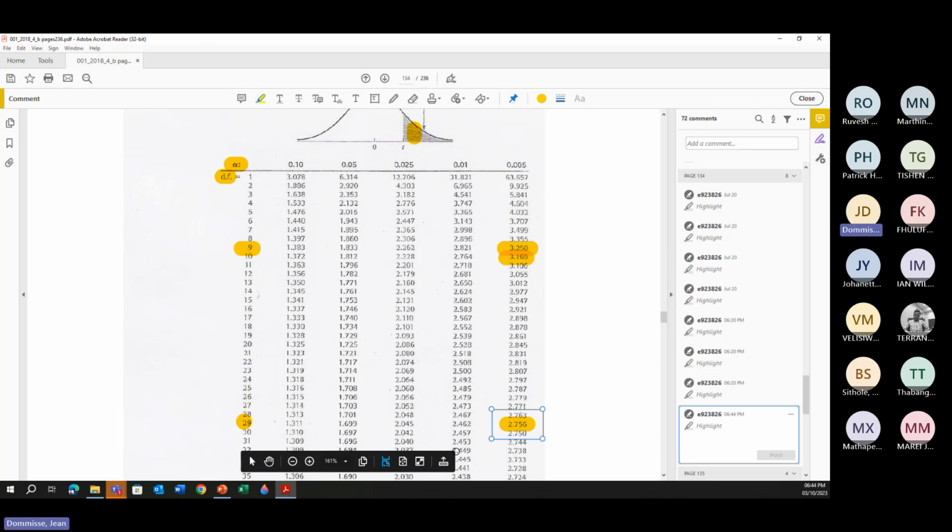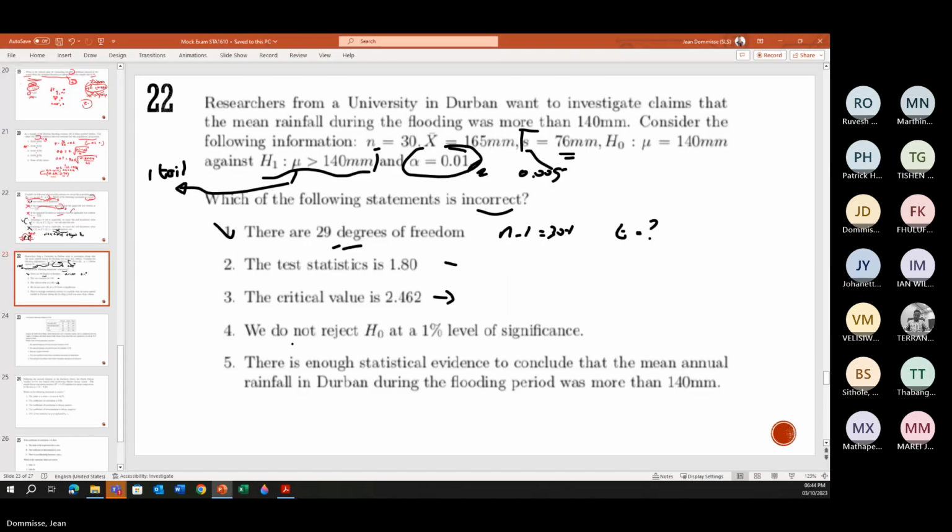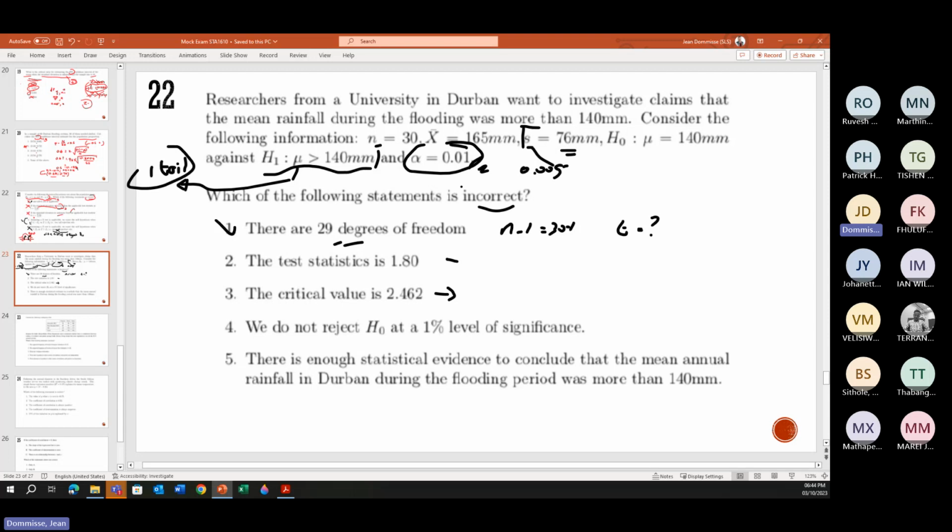Okay, why did I divide by 2? Okay, so again, we originally had one tail, so I should not be dividing by 2. So again, the simple, easy things to make a mistake with.